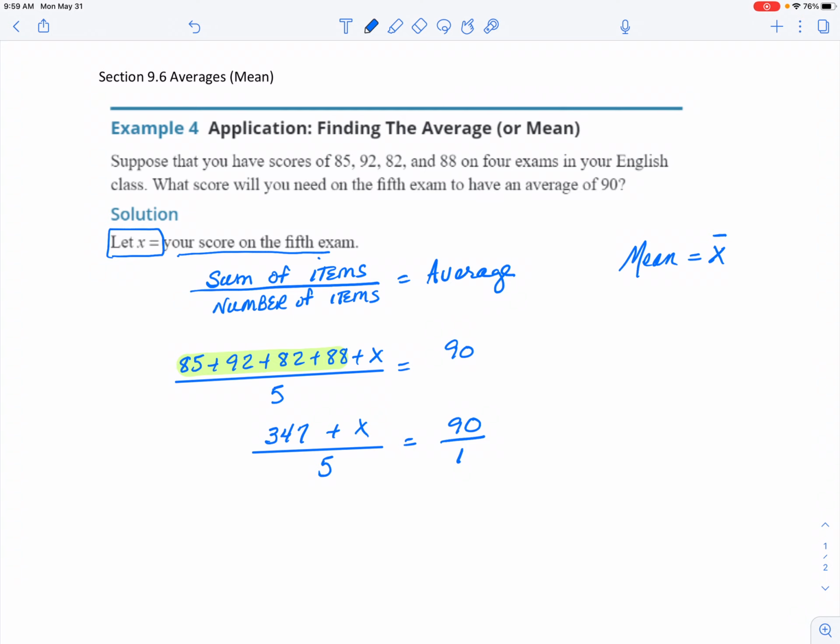So when you have something that is a division, in this case by 5, what you want to do is the inverse of that, which is a multiplication by 5. And of course, to keep it balanced, the left side of the equation is being multiplied by 5. The right side must also be multiplied by 5.